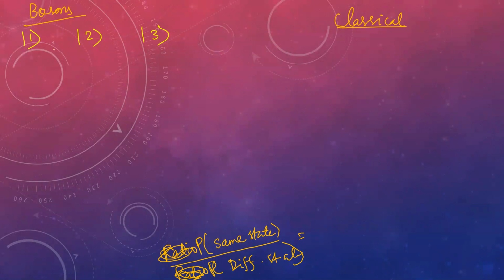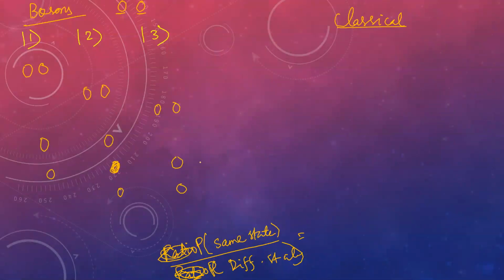How can we arrange two particles in three states for a boson? Boson means we will symbolize them like this. These are indistinguishable. So two particles here, two particles here, two particles here. Now, one here, one here, one here. Okay, I think that will be it.